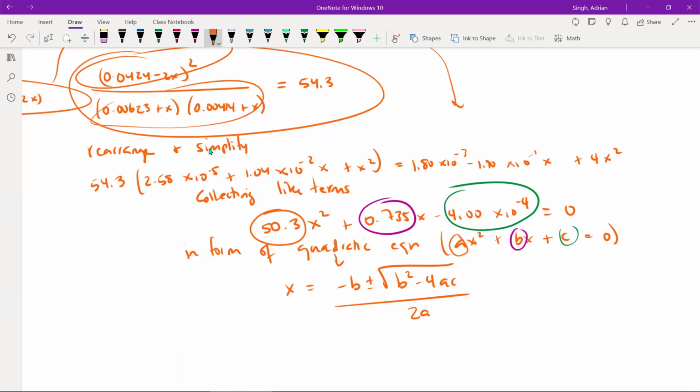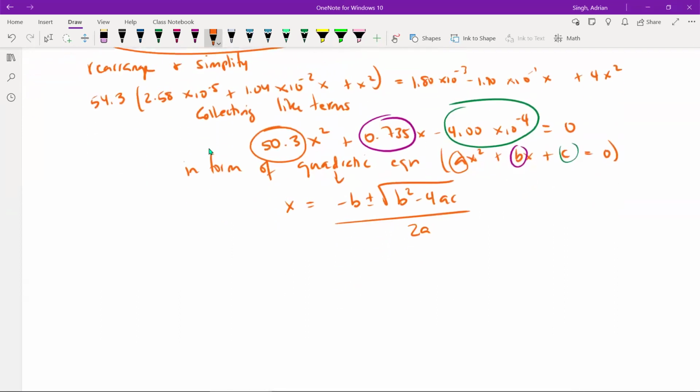So we're going to substitute these values into the equation, the solution for the quadratic equation. So we end up with x being equal to negative 0.735 plus or minus the root of b squared. So b is the same thing, 0.735 squared minus 4a.